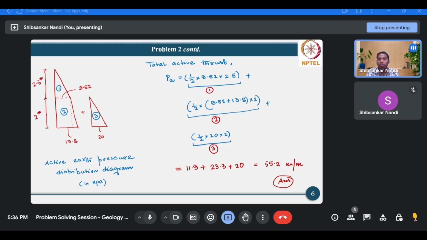Okay, so this water table will basically give added pressure on the wall, and that is quite obvious from the practical perspective.